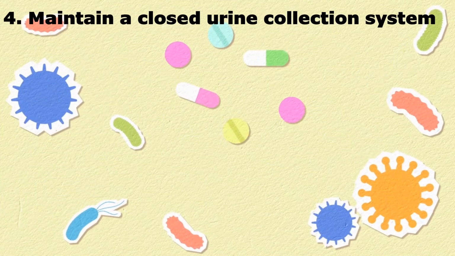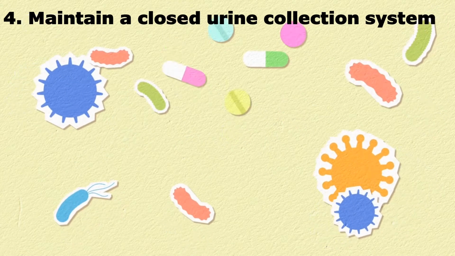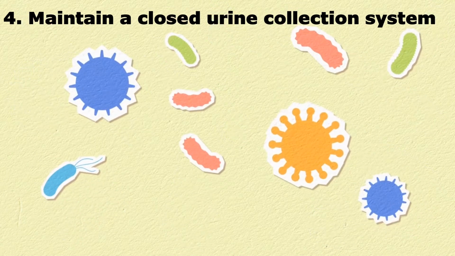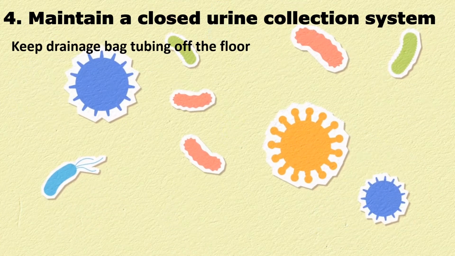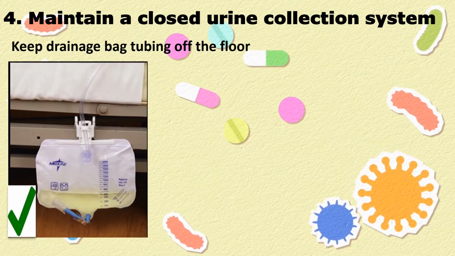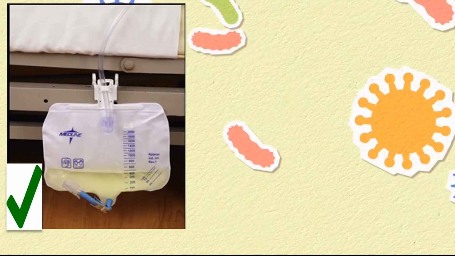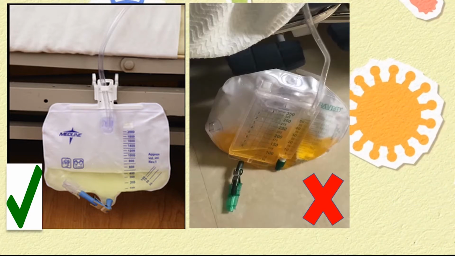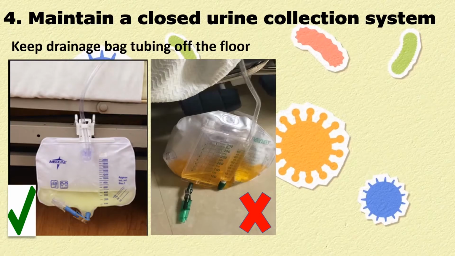The fourth element of the CAUTI prevention bundle is to maintain a closed urine collection system. First, we should keep the drainage bag tubing off the floor. The proper handling and placement of the drainage bag and the tubing helps prevent contamination and portal of entry for microorganisms.